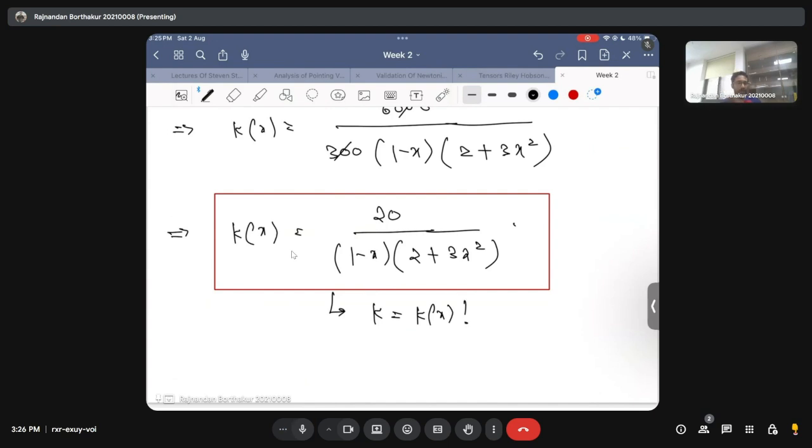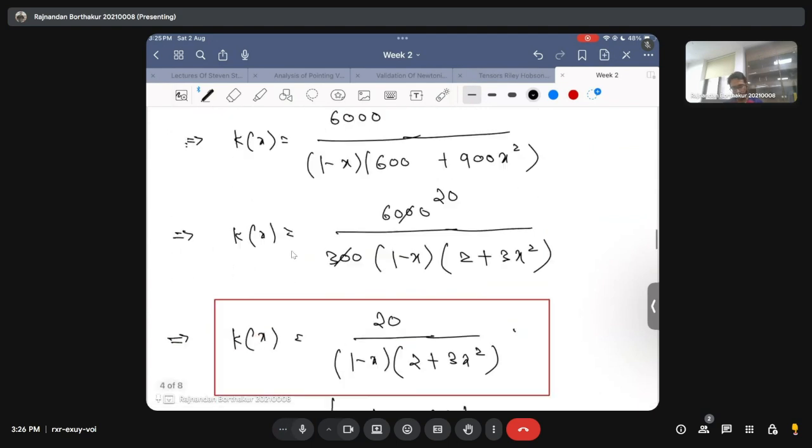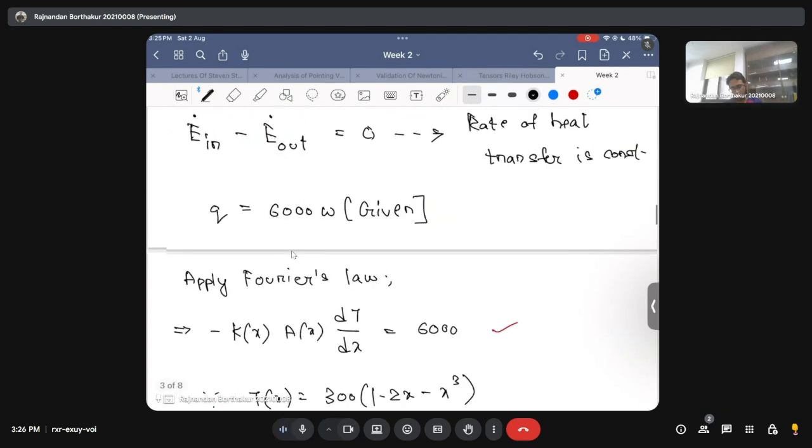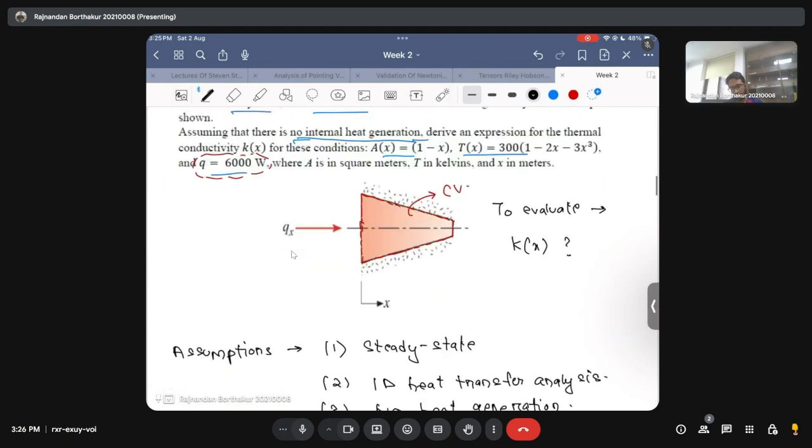Okay, and that actually is the case. You know why that actually is the case? Because your area was actually decreasing, which means that your heat flux, that's an important thing that we can also appreciate from this problem.